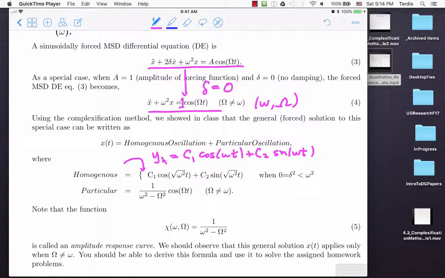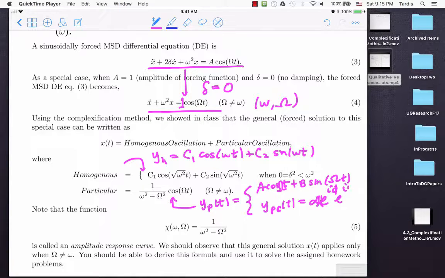If you go through and find the particular solution, you can either use your guess as a cosine capital Omega t plus b sine capital Omega t, or you can complexify the force to get alpha e to the i phi e to the i omega t.